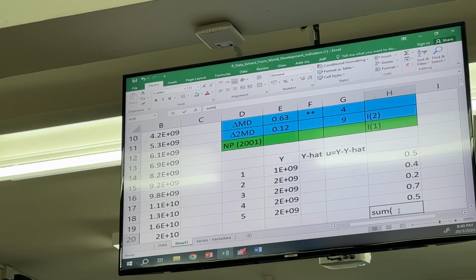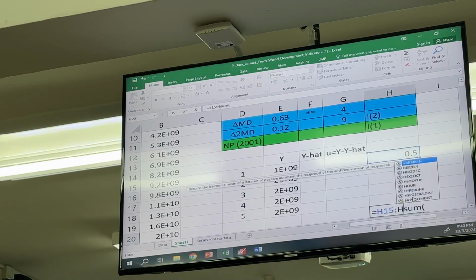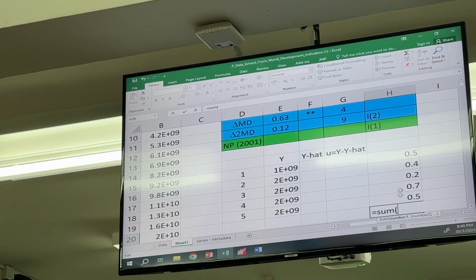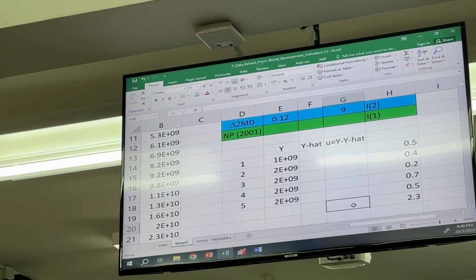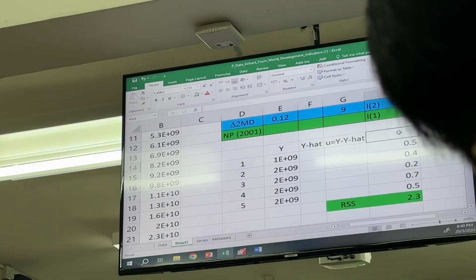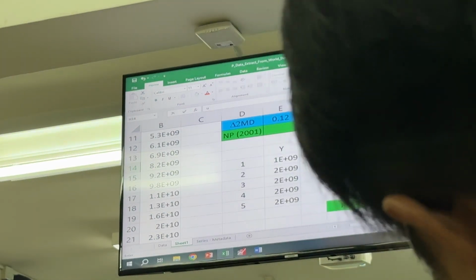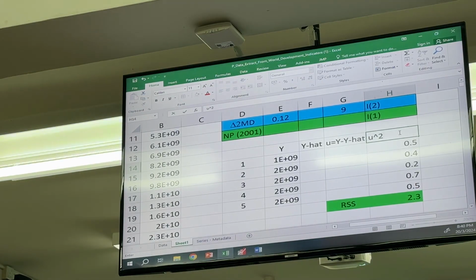Then you sum them together with power 2. Then this is the residual sum of squares, RSS. This is the residual power 2.